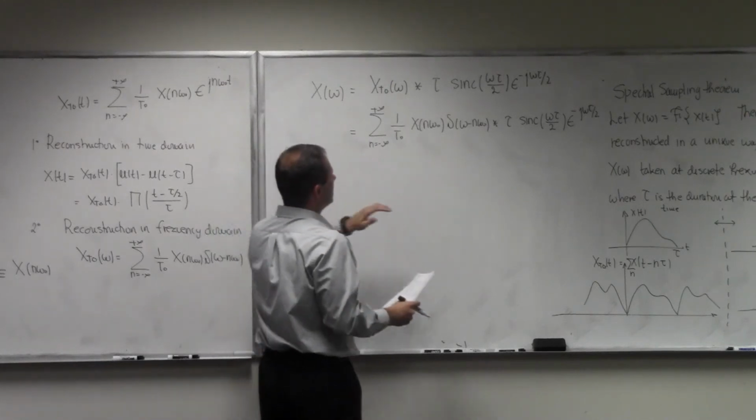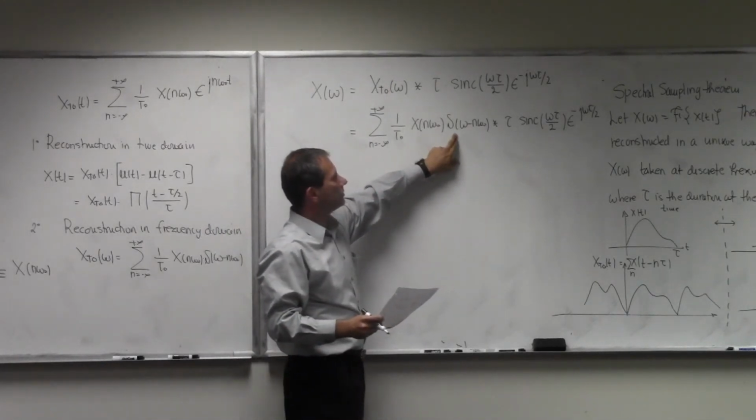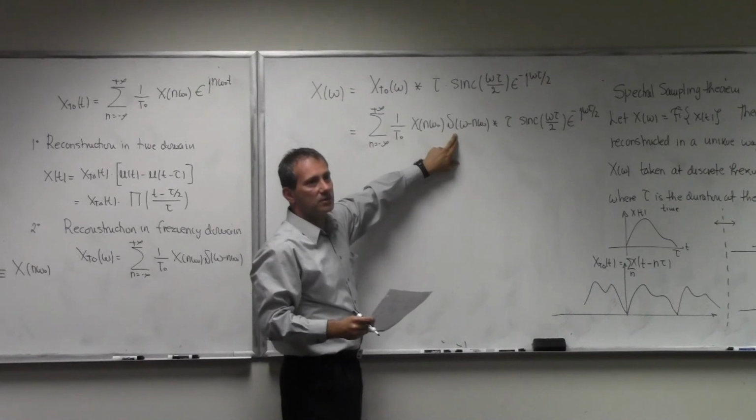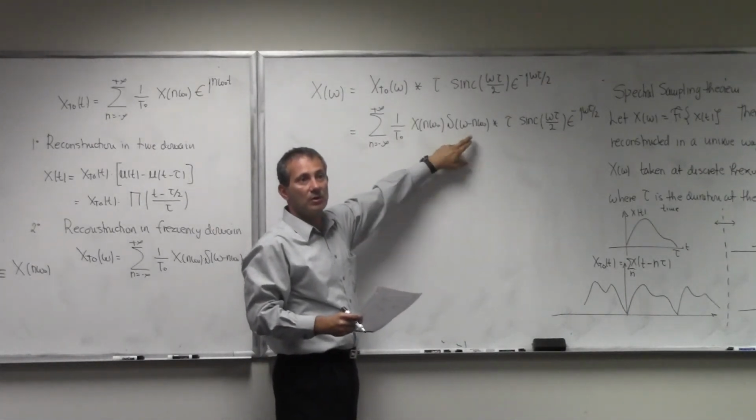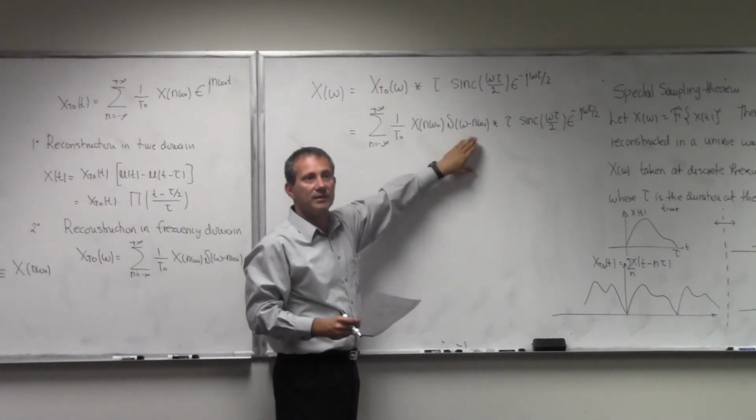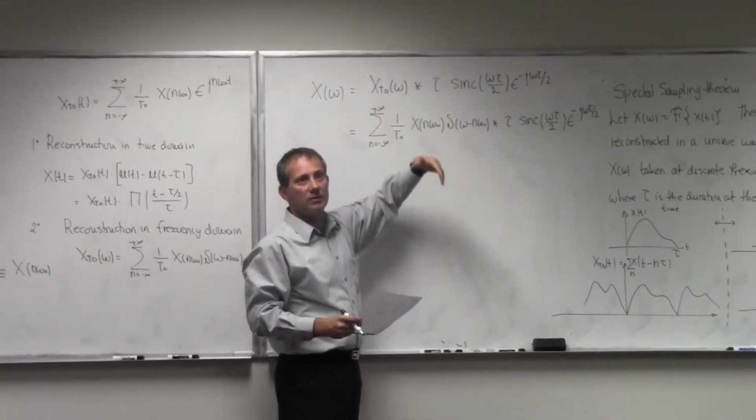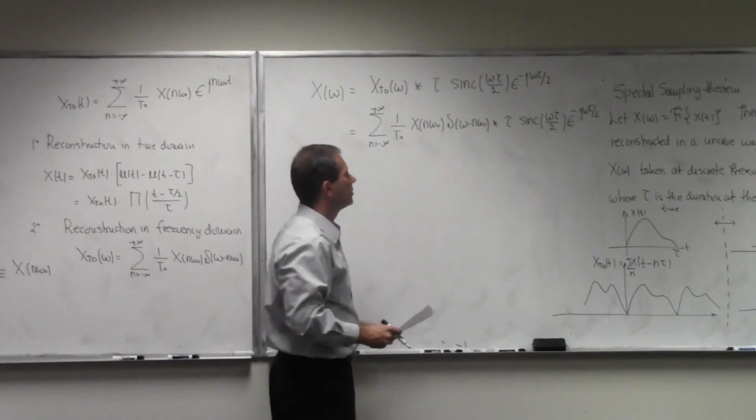Now, there's nothing easier than convolution with a delta pulse. When you convolve with delta, you get your function back. When you convolve with the delayed delta, you get your function delayed across the axis.